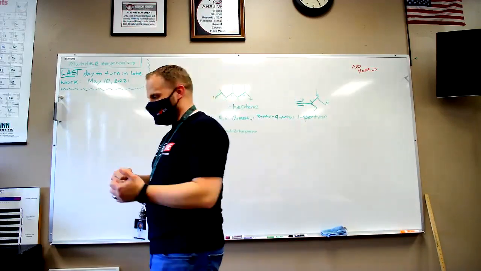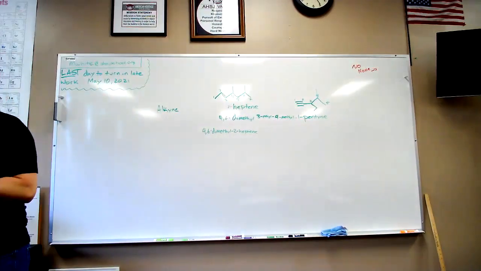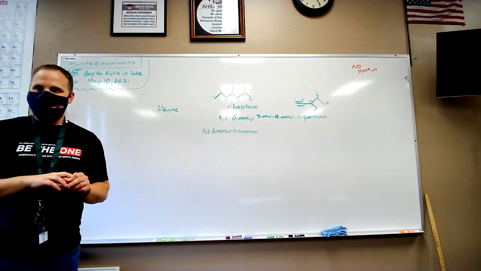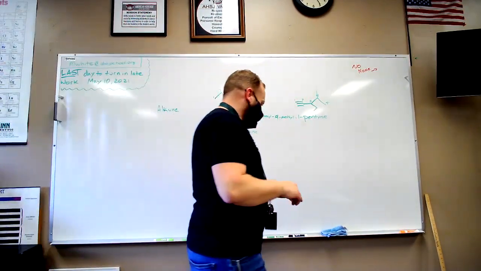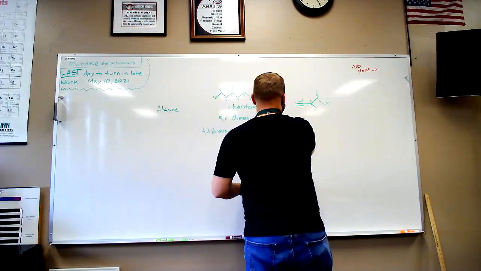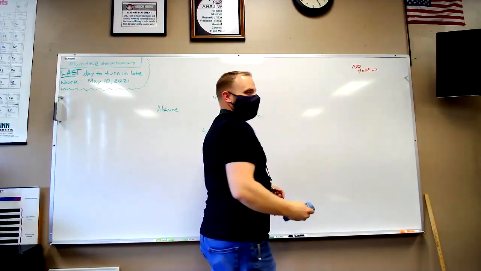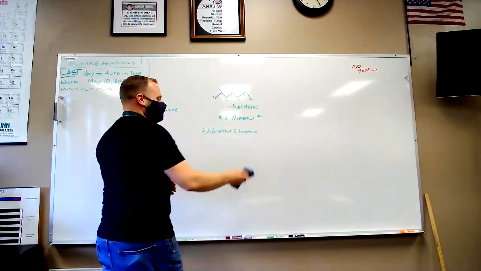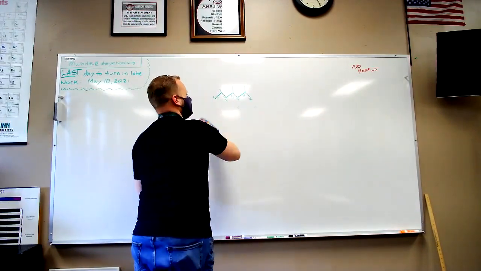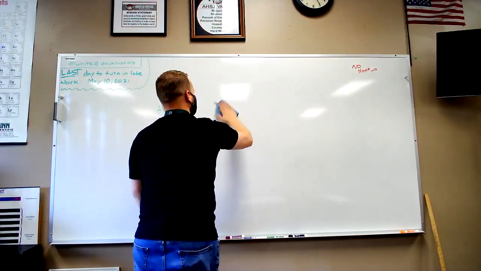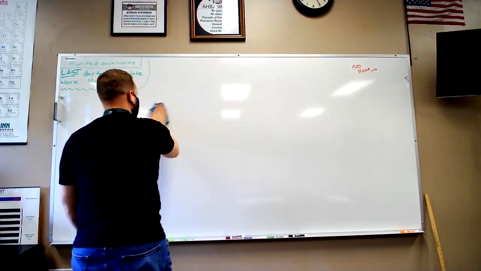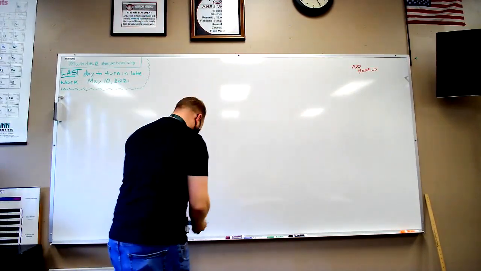First, we need to introduce this concept of something called an isomer. Isomer. Yes, 2 or more compounds that have the same chemical composition, but different structures. I knew that off the top of my head. I'm very proud.